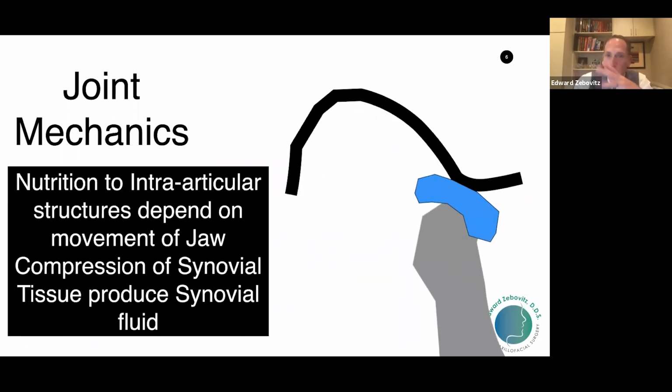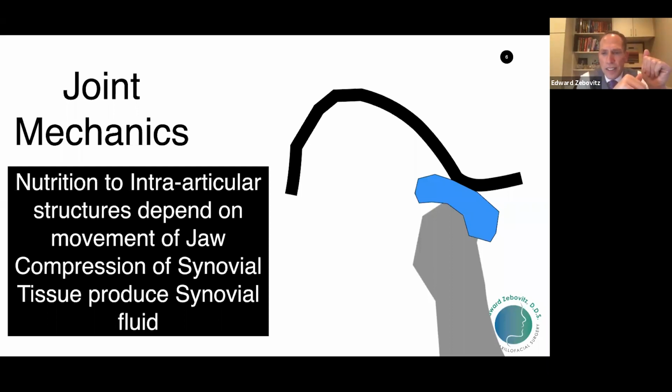So a couple key points to talk about. One is the understanding that with all joints, the nutrition to the joint, and remember that inside the joint, there are no blood vessels going to cartilage.